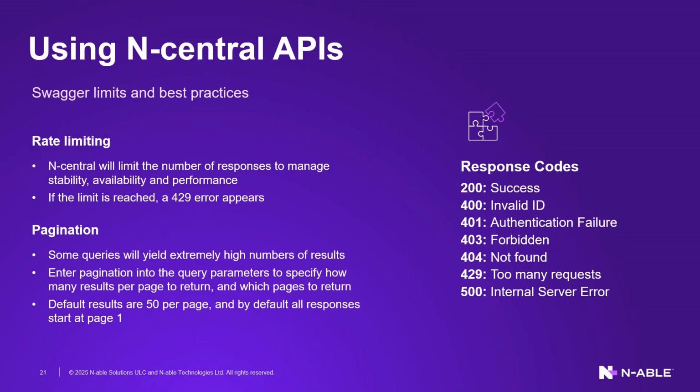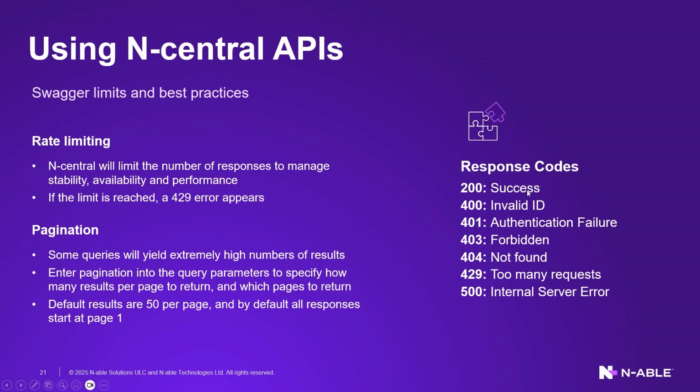When it comes to using N-Central APIs, there are some limits and best practices to be aware of. First of all, N-Central will limit the number of responses to manage stability within your environment. If the limit is reached, you will get an error 429. You can see here on the right-hand side the different response codes depending on the API query. Hopefully, we're always looking for 200 or 201.